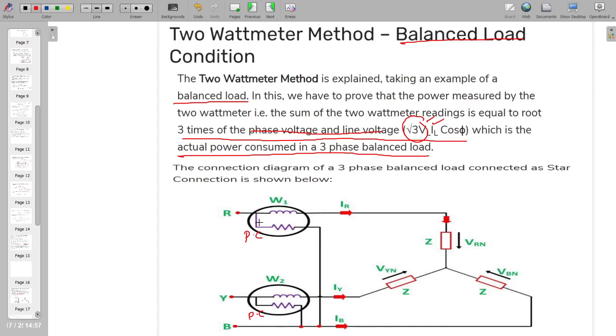The current coils are connected in R phase and Y phase. These two current coils measure the corresponding line currents. So this is the star connected load, with the corresponding parameters given in this figure.